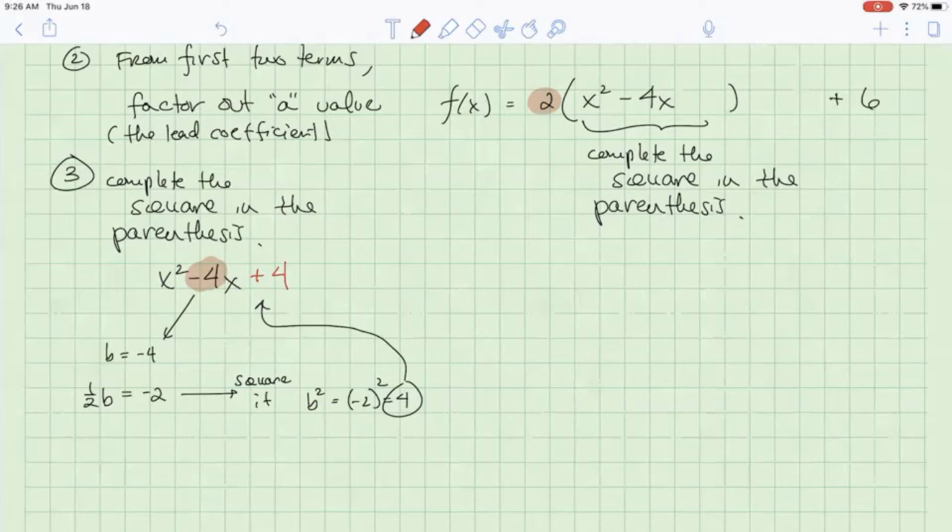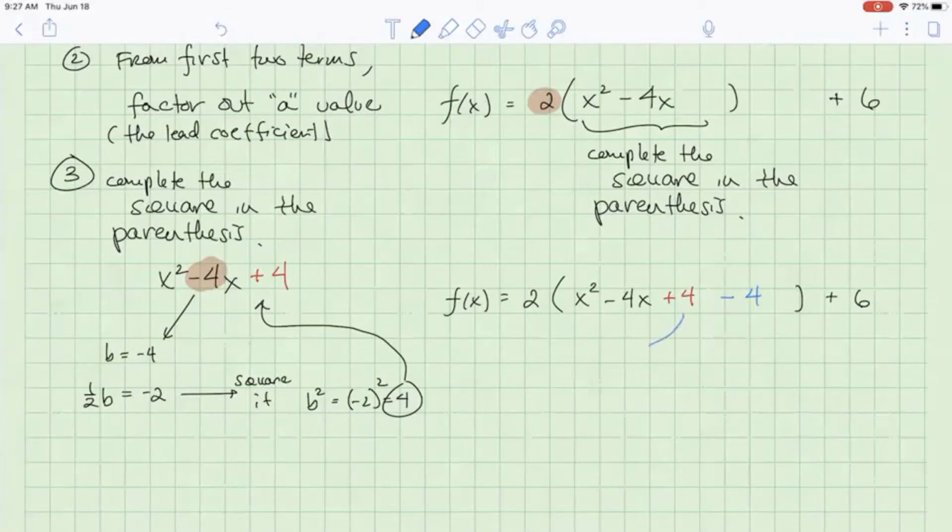However, we run into a little bit of a problem when we do that. And this is f of x is equal to 2 times x squared minus 4x plus 4. But I can't just add in 4. I also have to subtract out 4 for balance.